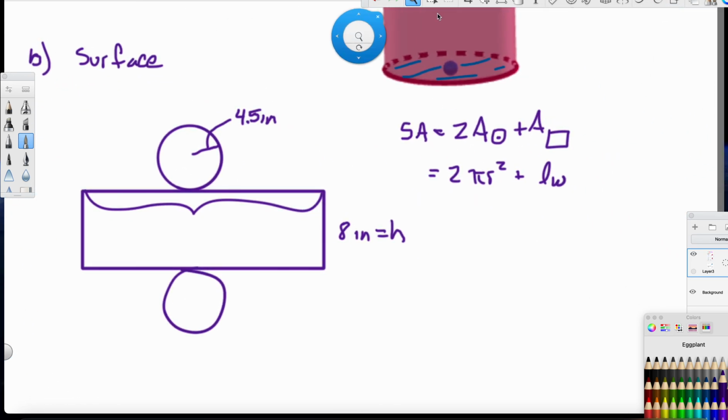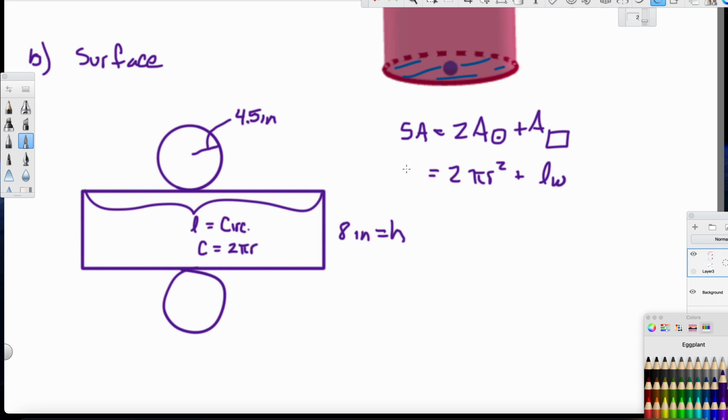Now, the length and the width are the same as the height of the cylinder and this length right here. So this length of the rectangle is going to wrap around our circle here, right? When we enclose this shape. So this is the same as the circumference of the circle. And what is circumference? C equals 2 pi r.